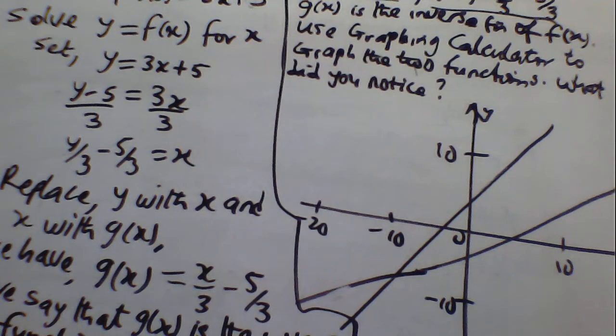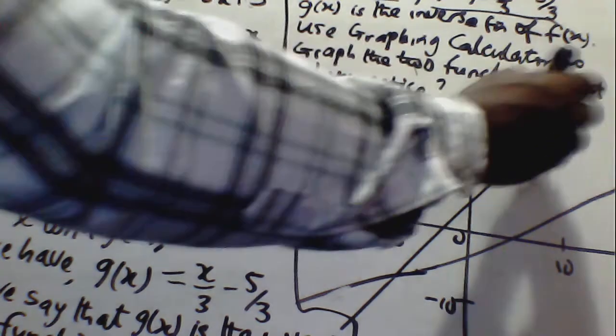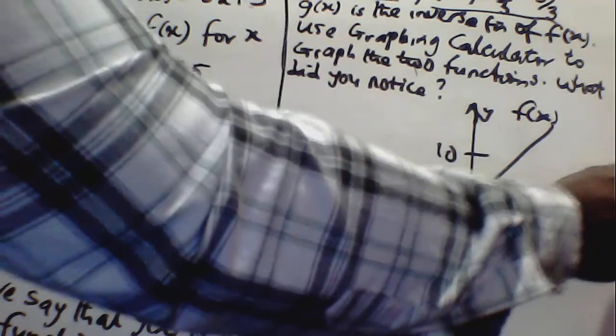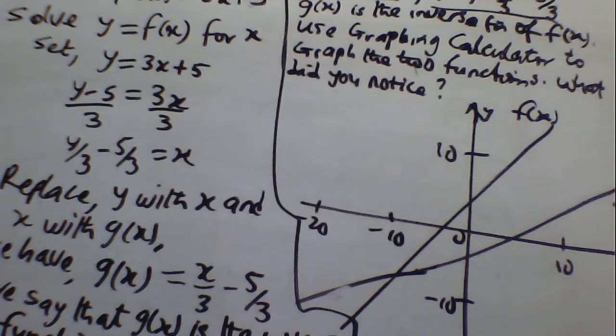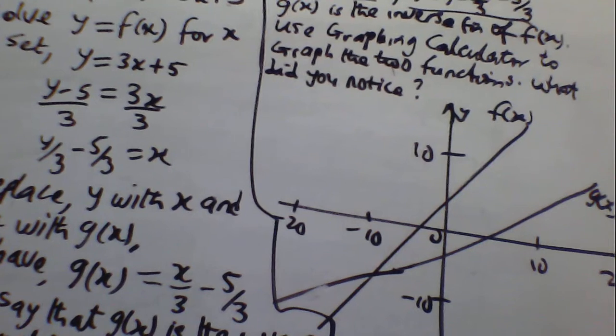So if you use your graphing calculator, this will be f of x, and here will be g of x. So the graph will look like this.